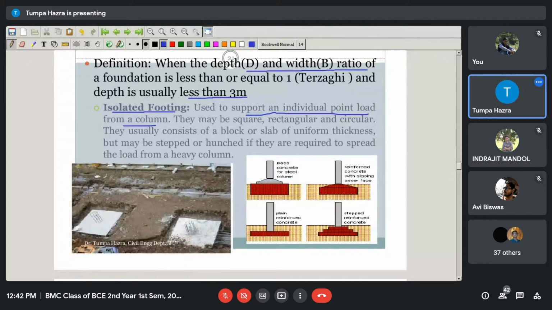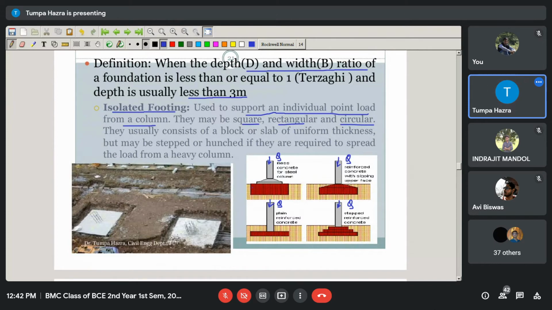Here you can see that these foundations are carrying the individual load for a particular column, isn't it? So these are known as isolated footing. For a particular column, there is only one foundation.